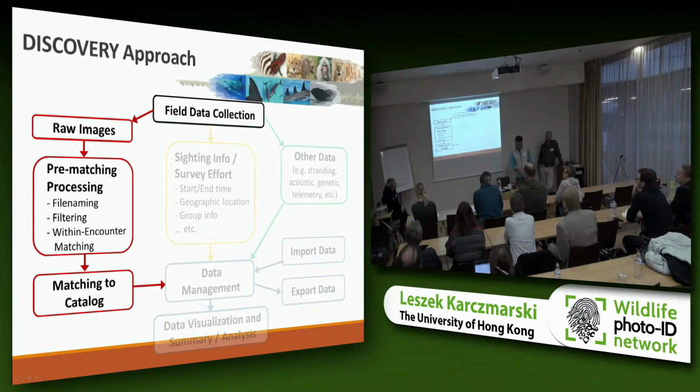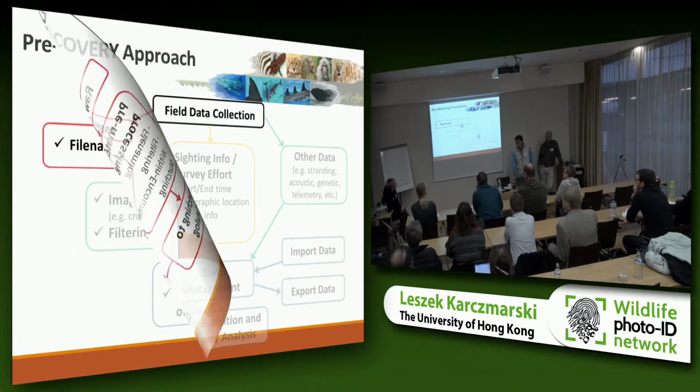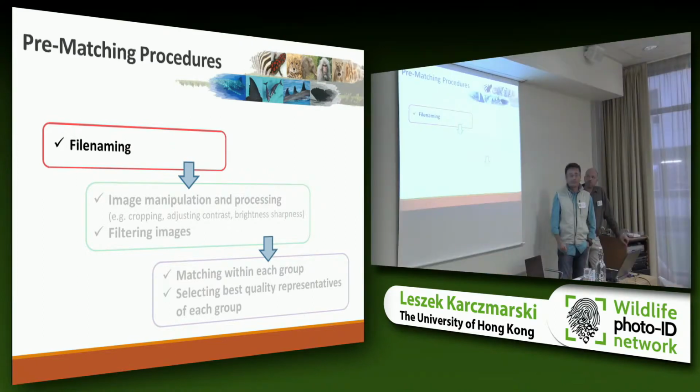So, going on with this flow chart, all these pre-matching and matching procedures. First you start with file naming. As was mentioned yesterday, and with all we know, file naming is pretty critical. You can have all this important information there. This process is automated in Discovery.